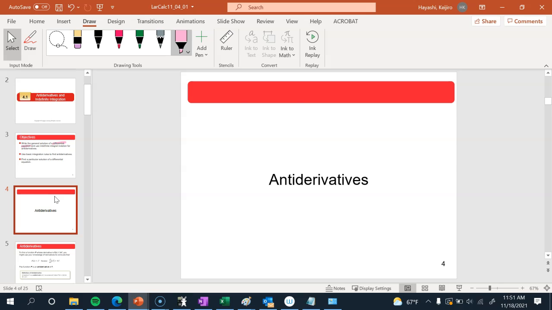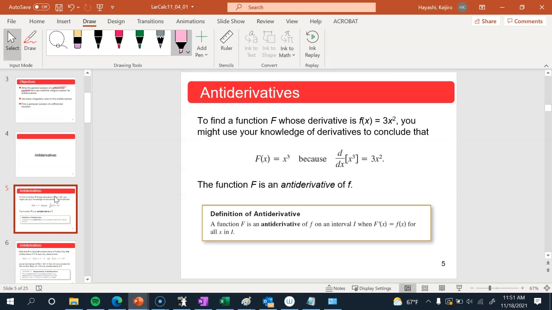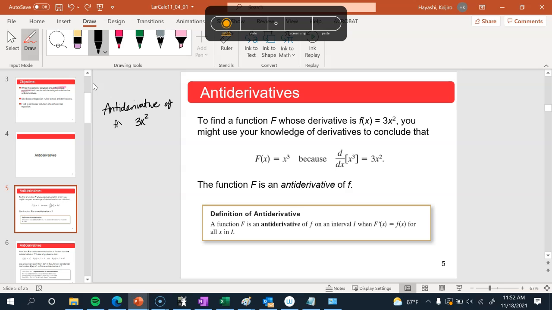Okay, so antiderivatives. An antiderivative is simply the answer to the question. So the antiderivative of 3x squared, let's say, and let's label that with a little f here.